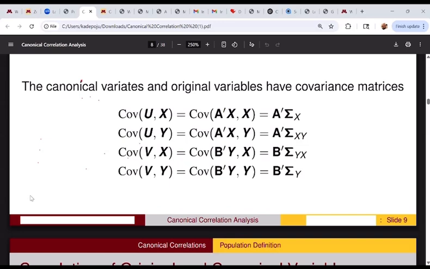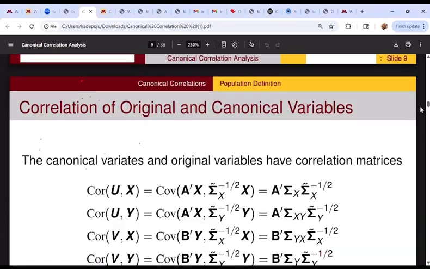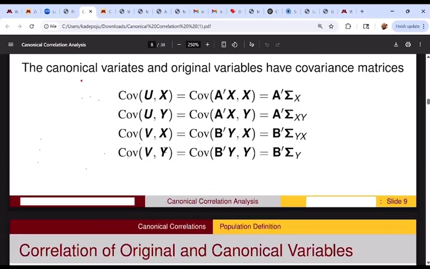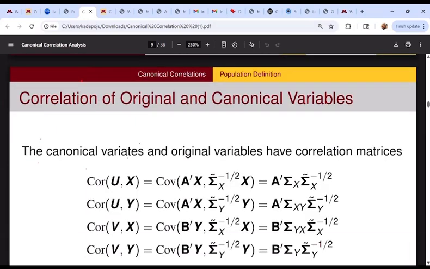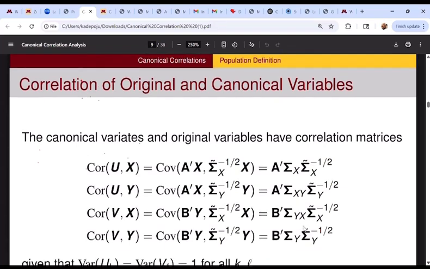Now, the same way that we look into the covariance structure, we can also look into the correlation structure. Here we are looking at the correlation between the new set of variables developed and the original ones.